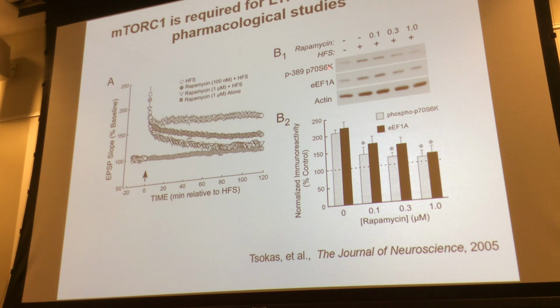This is the phosphorylation of P70 S6 kinase. As I said, mTOR itself is a kinase that phosphorylates S6K1 or P70 S6 kinase. There are multiple sites in P70 S6 kinase, and here they use site 389, which is the second to last site, an indicator of P70 S6 kinase activity and thus of mTOR.